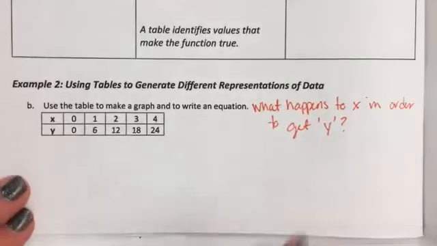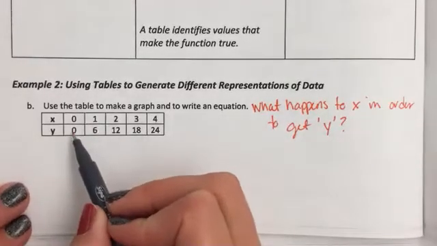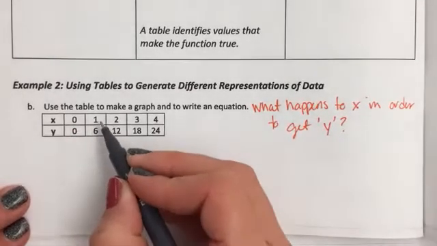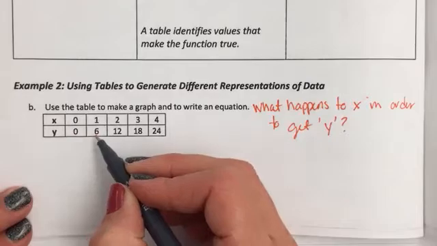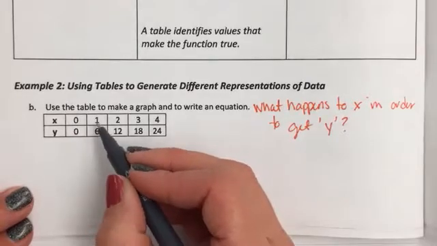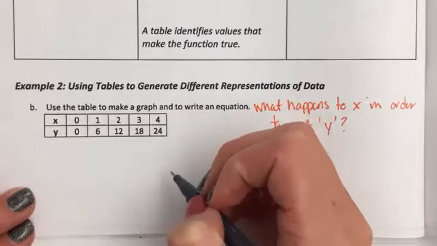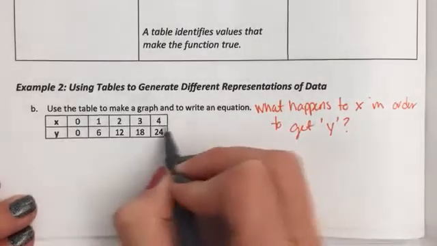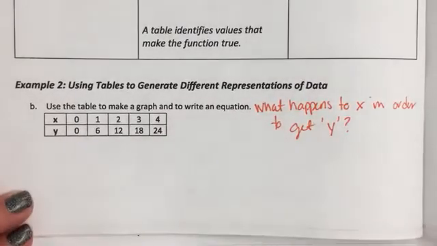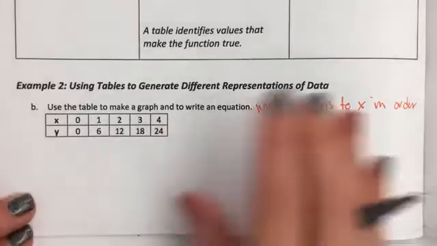Okay, so how do I get from 0 to 0? Well, that one might be kind of tough. What about 1 to 6? How would I get from 1 to 6, or 2 to 12, or 3 to 18, or 4 to 24? What happens to the x to get to the y? Let you guys think about that for a second.